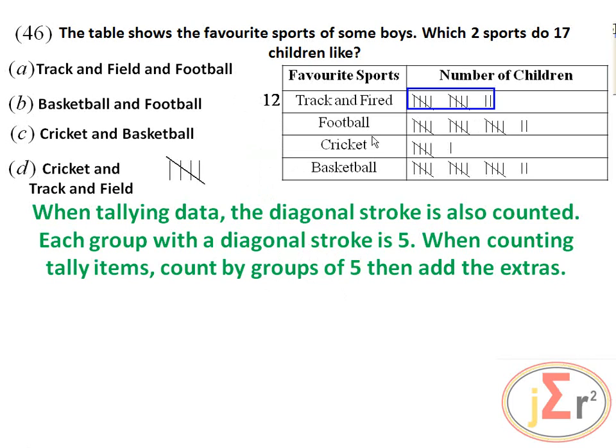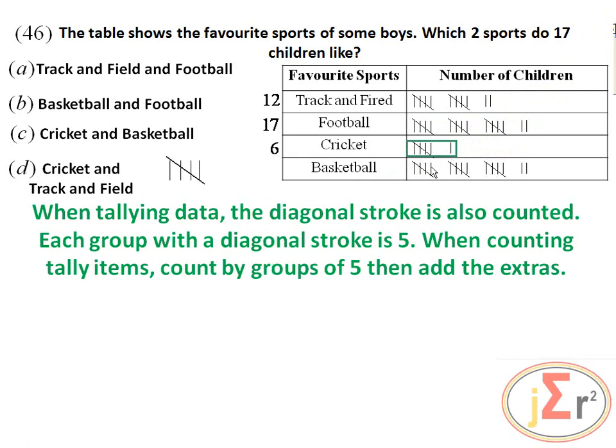And the other one is going to be 5, 10, 15 plus 2, and that will give us 17. Then we say 5 and an extra 1, and that will give us 6.